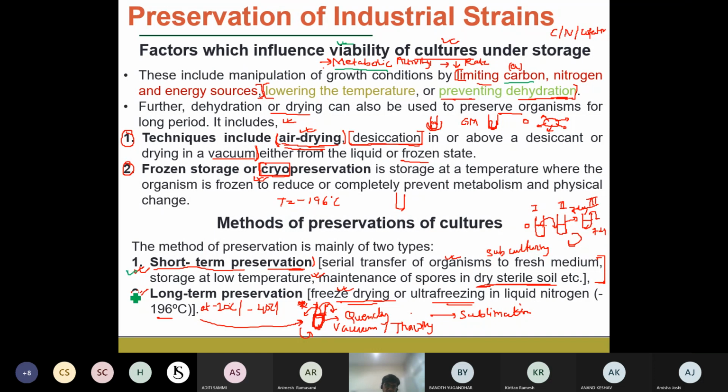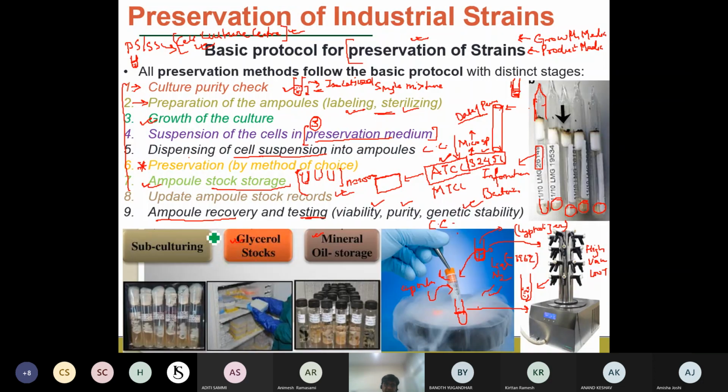Generally there are short term and long term methods, and we saw a basic protocol for preserving strains. We use completely closed, sealed ampules. These small glass tubes are called ampules, and on the top we put a cotton plug to prevent any contamination from coming in, as we carry out the sealing of the tube.